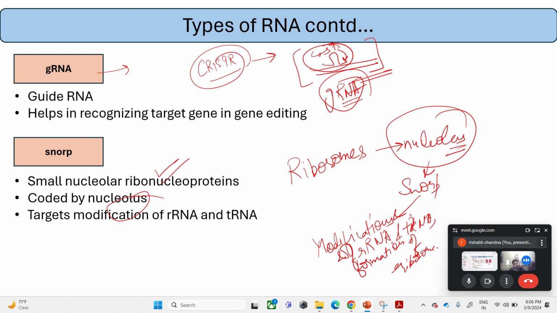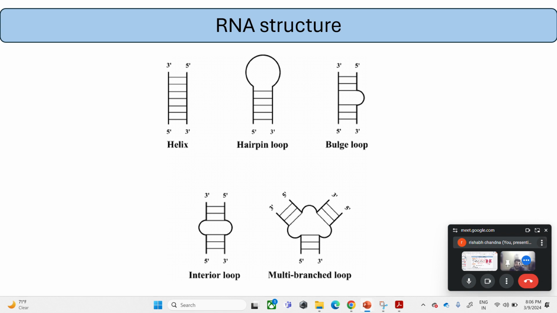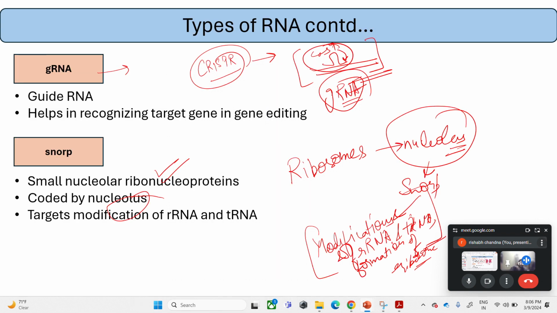Okay, so this is the basic function of the snoRNAs. These are small RNAs that help in basically the control of the expression of different RNAs and all those things. Now, this completes the part of the types of RNA that are found inside the body.